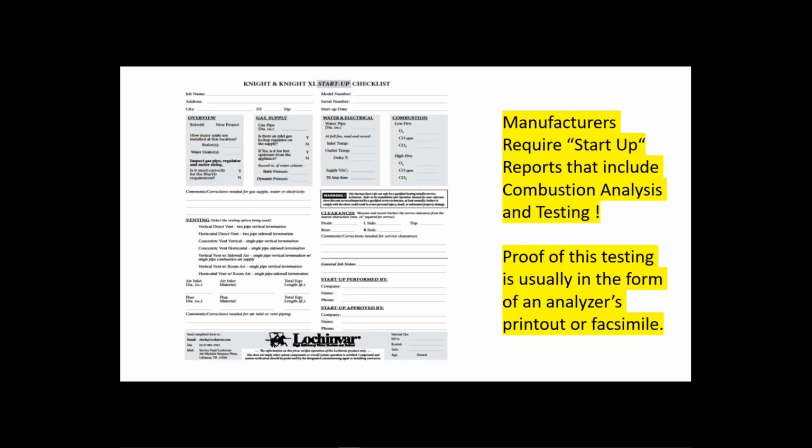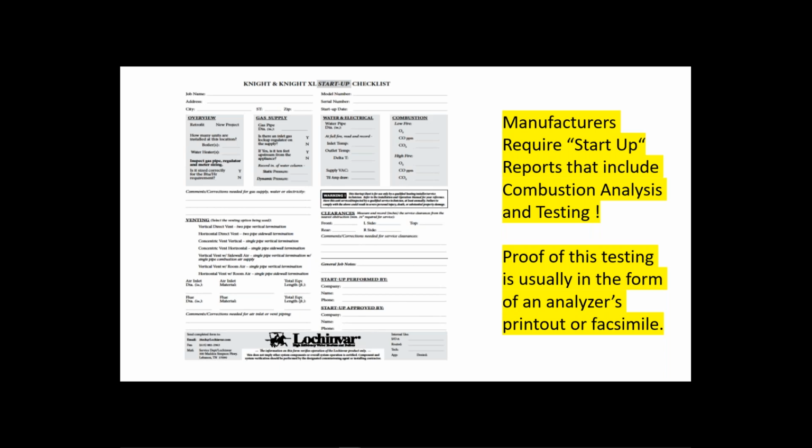Besides that, here you're seeing a startup checklist or startup report from a manufacturer. The manufacturers do require startup reports that include combustion analysis and testing. And that's also for the manufacturer's warranty. So without that, you may be in some trouble. And how are you going to prove that you did do a proper startup with combustion analysis?